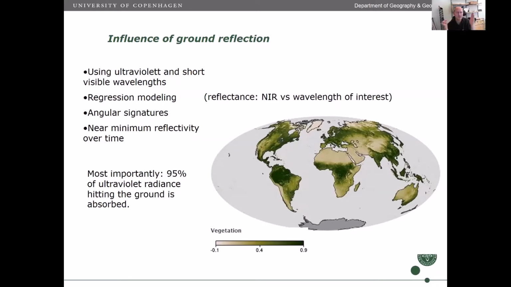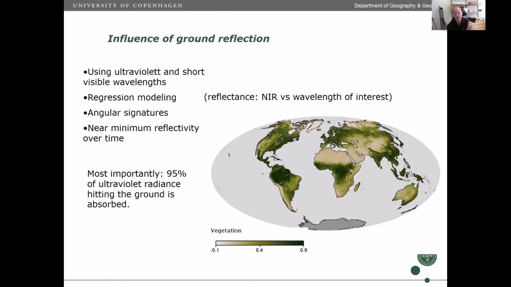The reason for this is that when ultraviolet radiation hits the ground surface, almost all of it is absorbed, and thereby the amount that is reflected back to the satellite sensor can be assumed to derive from the atmosphere and not from the ground surface.